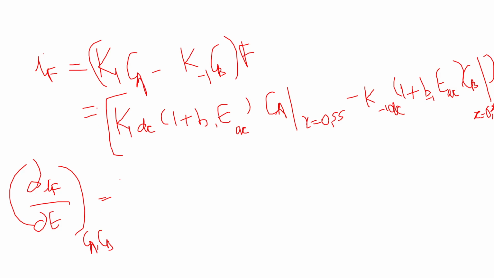So I have an F also, K1 DC. Please try yourself. What is dou IF by dou E? You have to differentiate the above equation with respect to E. That's all.